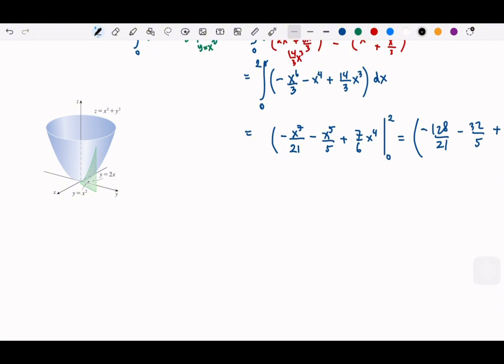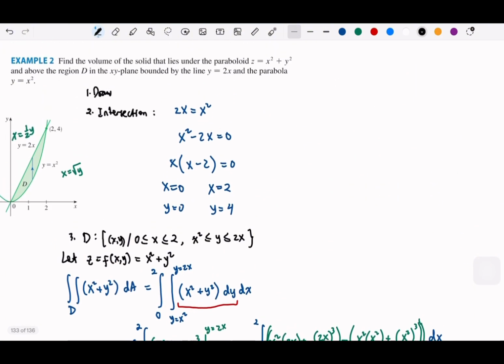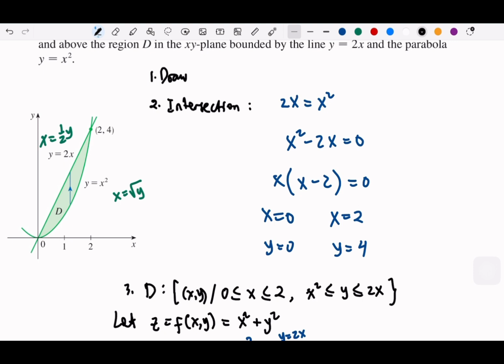So y is from 0 to 4, and x is from half y to square root of y. Remember that we can see this graph as top down, or if we see from here, this is right left. So this works for both sides. We can use function of y and function of x. The final result should be the same.